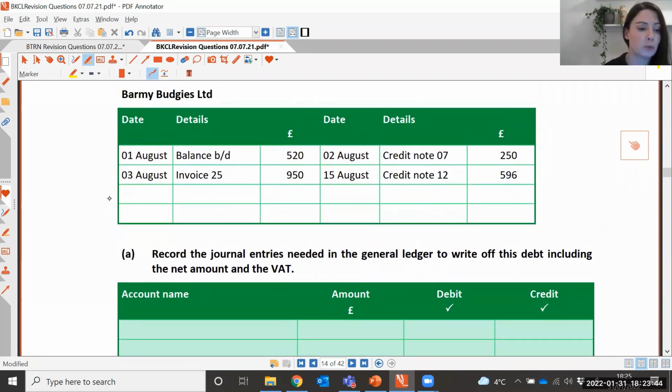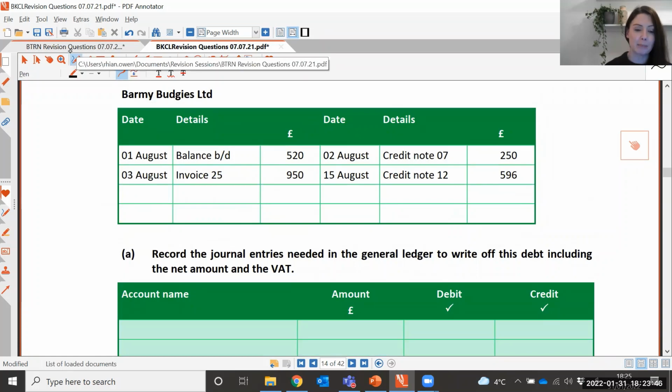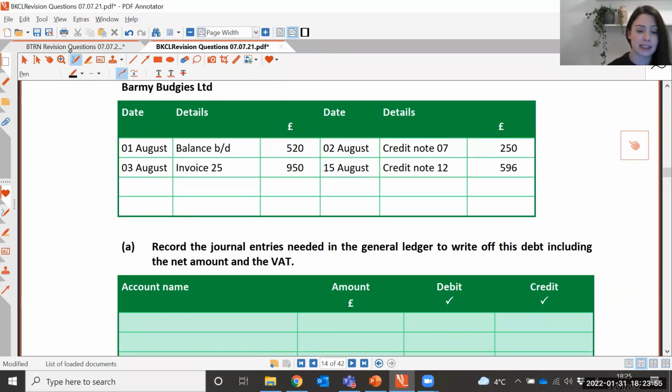So first of all, we need to find out what is the amount outstanding. So first of all, we're going to balance off this account. So what would we enter, or what would we do first to balance off this account? The totals, yes, Bradley. So what would the total amount be?